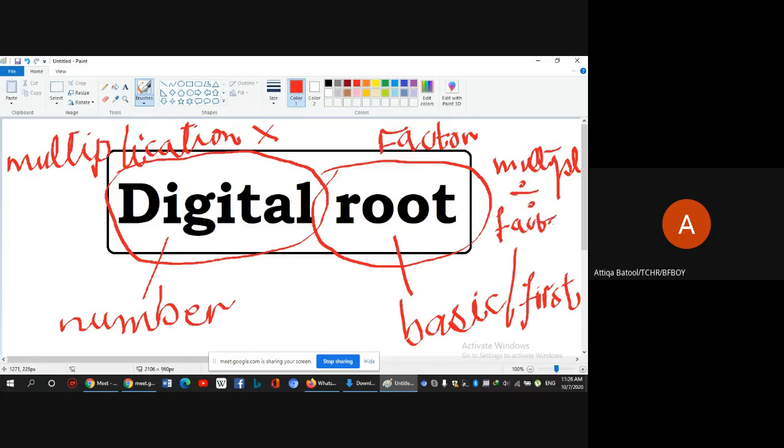Then we use this concept of digital roots. All right, digit means number and root means basic or the first one.